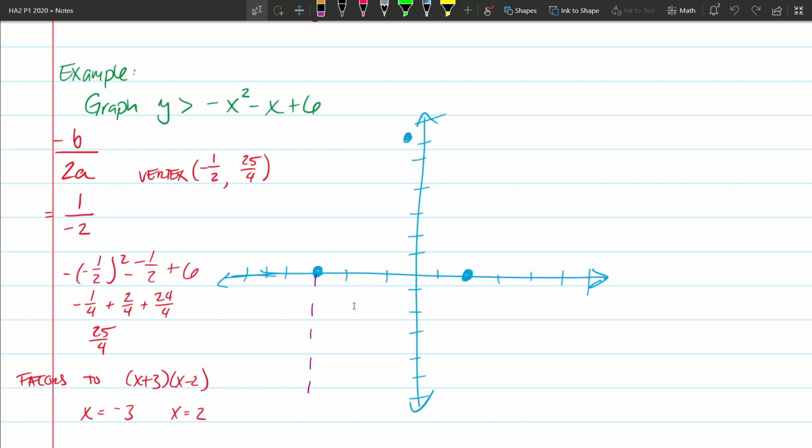Okay. Making a parabola is parabolic. All right. Close enough for government work. So we have this here parabola. It's actually a lot better than I thought it would be.